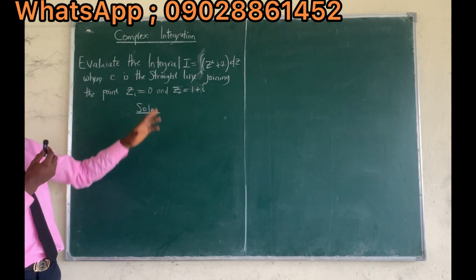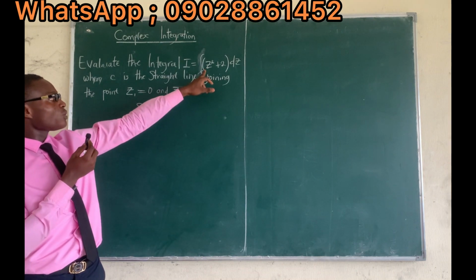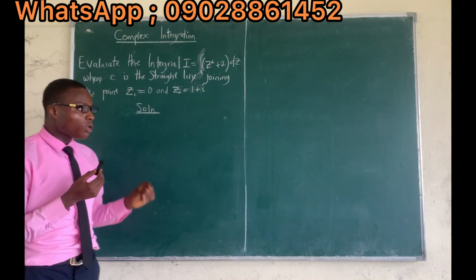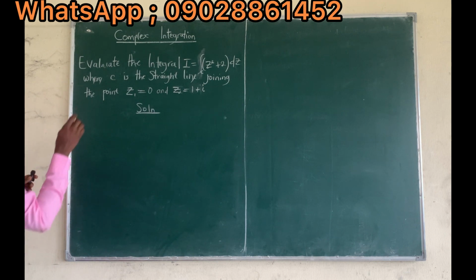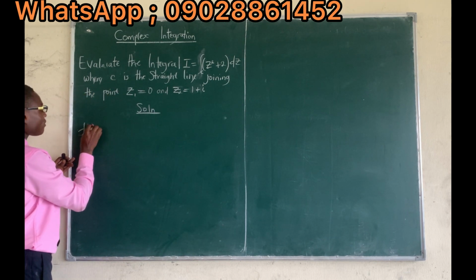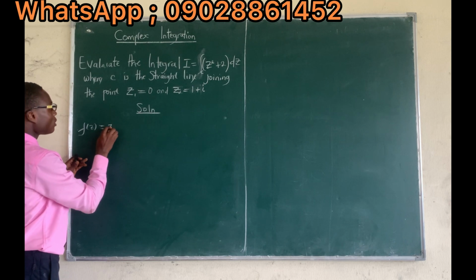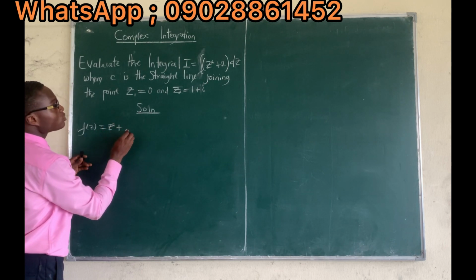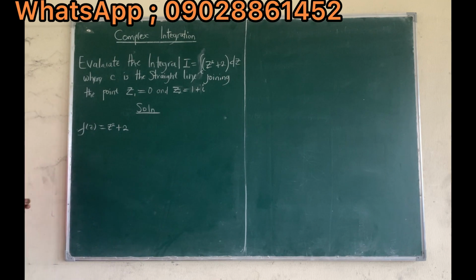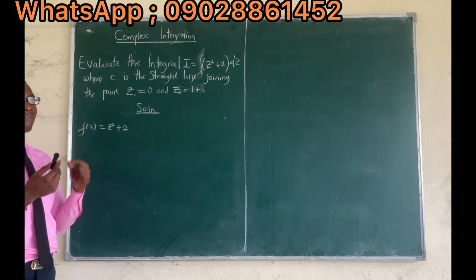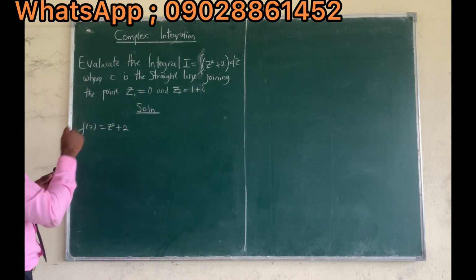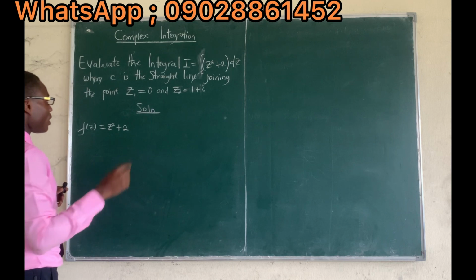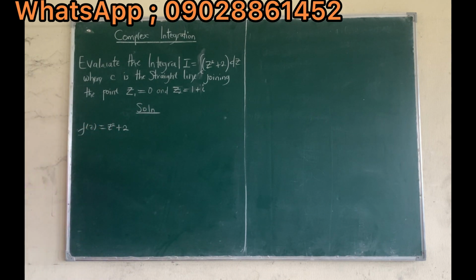They give us that f of z is equal to z squared plus 2. Don't forget, you always integrate a function with respect to the independent variable. We always know that the integral is of the form integral over C of f of z dz, where C is the straight line joining the point Z1 equal to 0 and Z2 equal to 1 plus i.